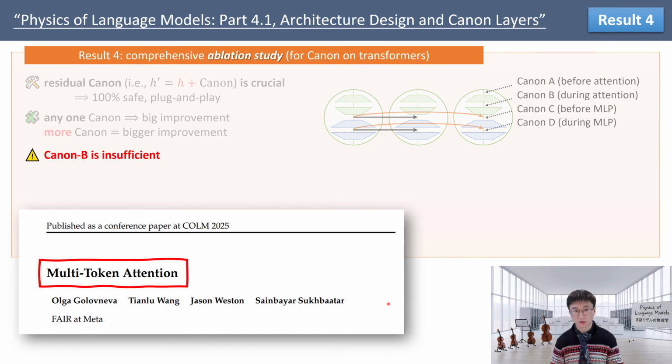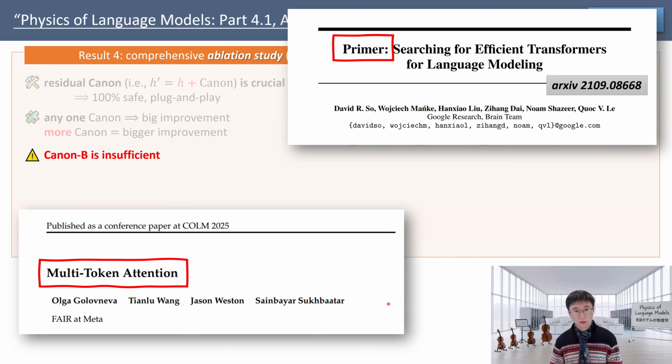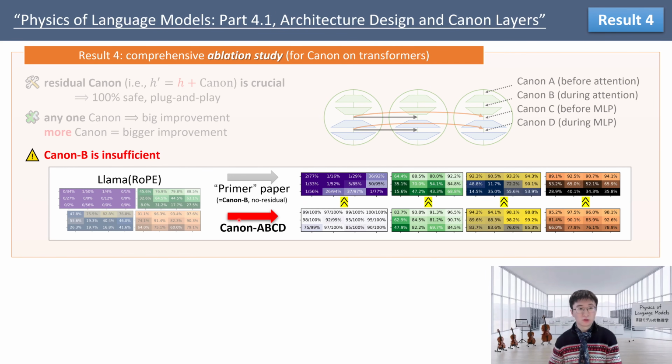So that's an architecture change on top of the attention. There's another work, the Primer work from Google, that I discovered after the paper appeared online. They introduced something similar, but much simpler than multi-token attention, which is to add just Canon B, but without the residual link.